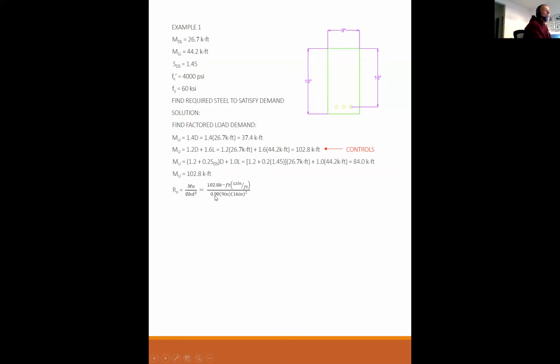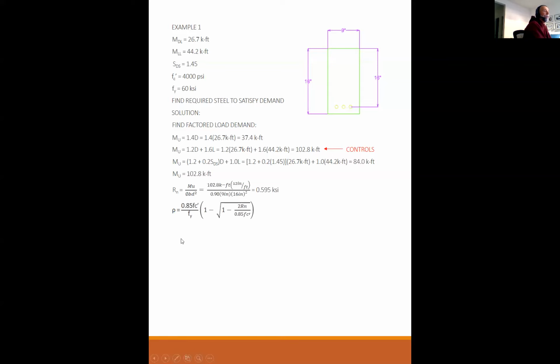Just plug in 0.9. The width of the beam is 9, and d is the depth through the steel, 16. Don't forget to square, and you get 0.595 ksi, or of course 595 psi.